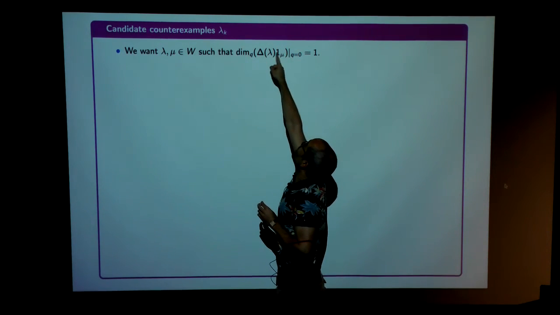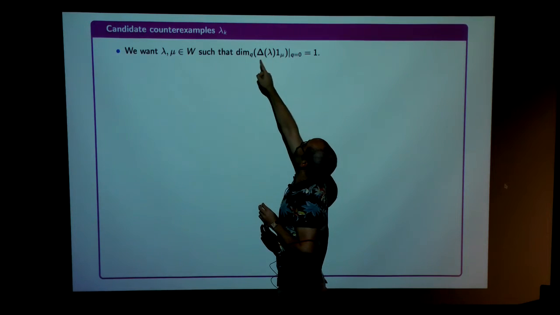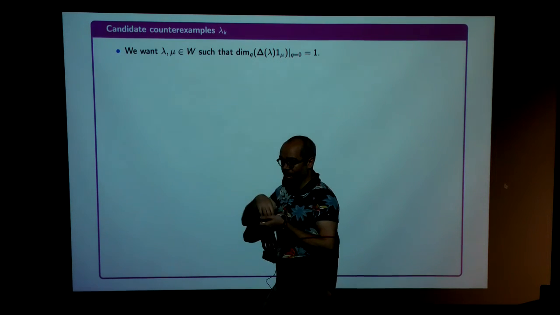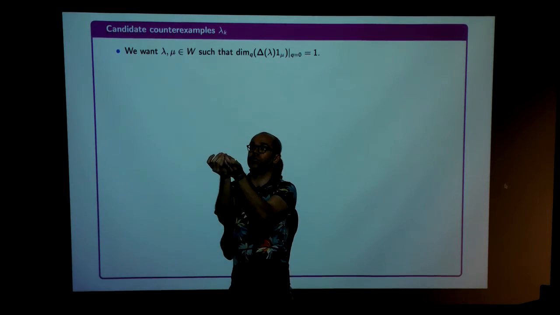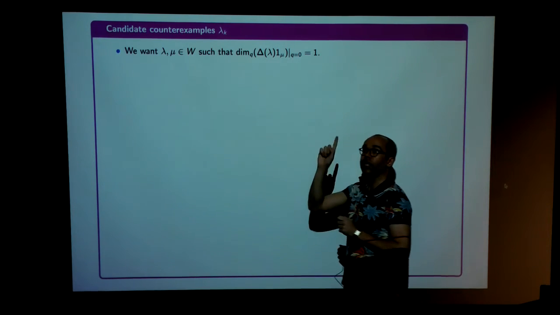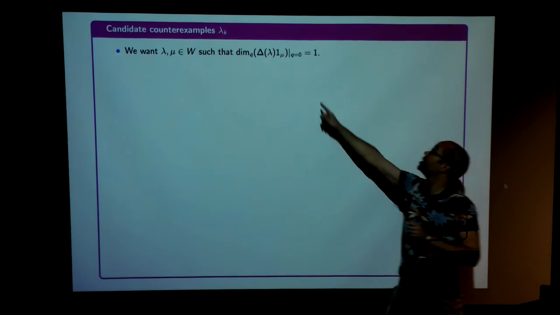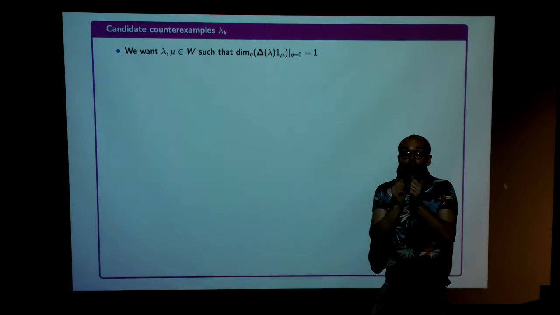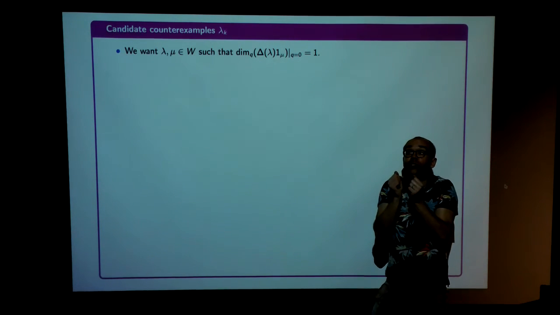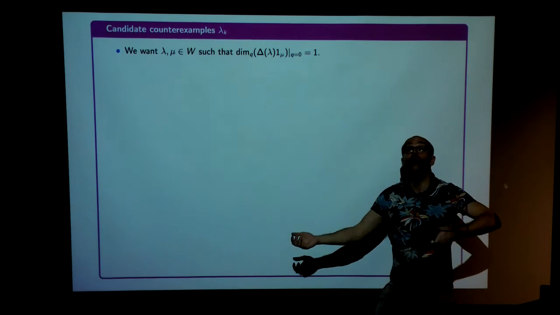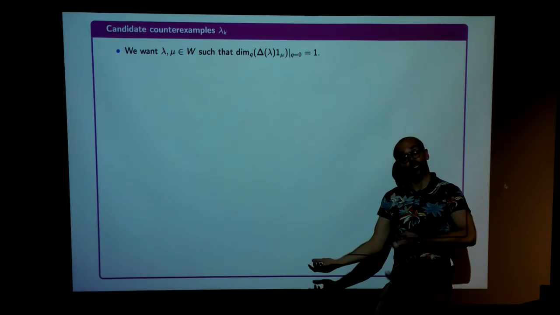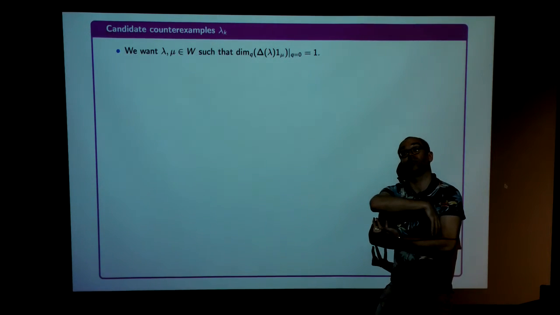So we're looking for a weight space where the grading only has a single element of degree 0. So we're looking for a lambda and a mu so that this weight space has a single degree 0 element, because that way the only product I have to consider is that degree 0 element with itself.